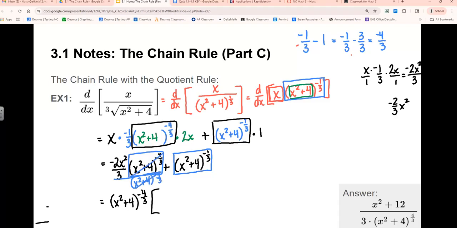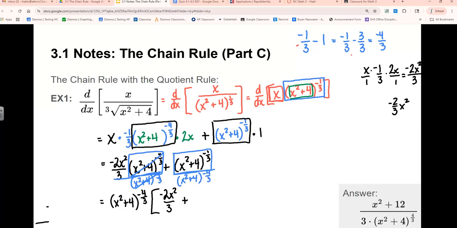That just cancels here, so I'm left with negative 2x squared over 3. And then I am dividing the second term by x squared plus 4 to the negative 4/3.